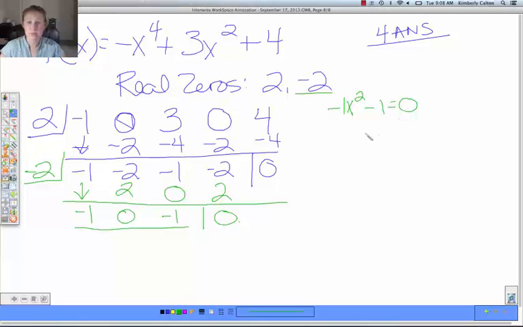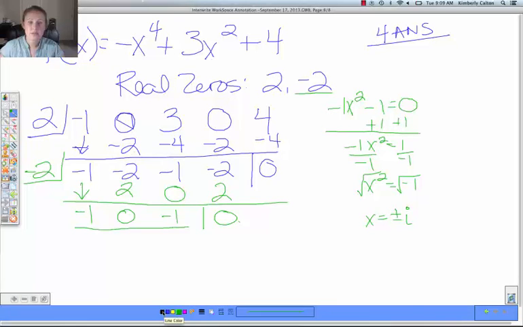Well, now it's just a simple quadratic problem that I can solve by adding 1 to both sides. Then I can divide by negative 1, and I get x squared equals negative 1. And when I take the square root, remember I have a negative inside there, and we always get a plus and a minus, so we have plus or minus i.